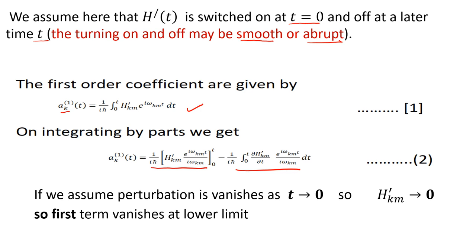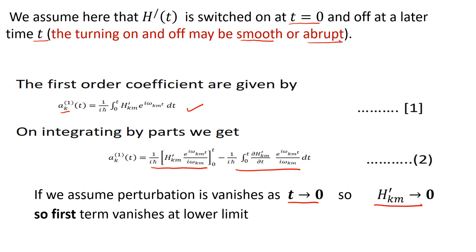If we assume the perturbation vanishes as t tends to 0, meaning it starts at 0 and closes at t, just close to the 0 time H dash km is equal to 0.